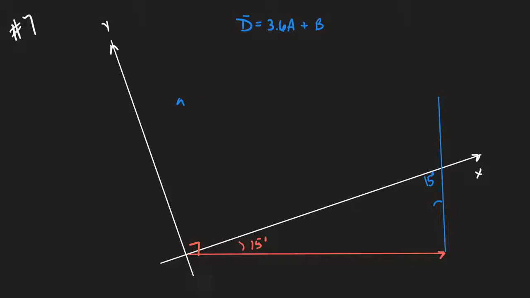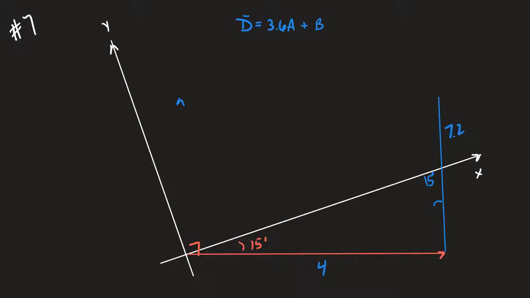Kind of redraw it like that, with this one being 7.2 units long, and this one is 4 units long. 3.6 times A. So, I mean, it's not to scale. Is that okay with you guys? No? All right. This is just to try and get the angle relative to the vector B and to get the magnitude of D.